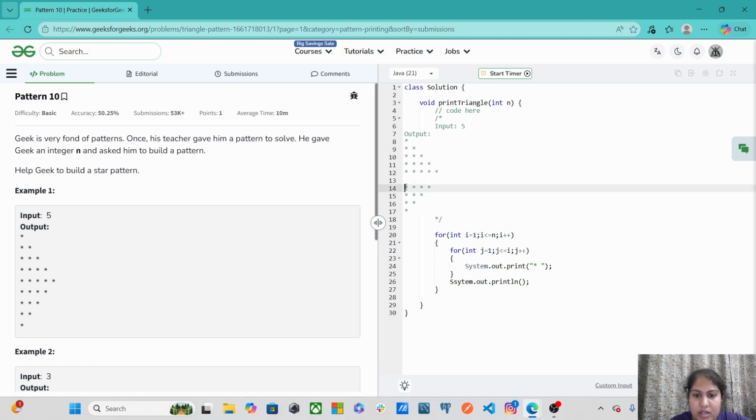For the lower inverted left angle triangle, what do I have to do? Again, I have to use nested loops, and I have to start in reverse order. So here it would be starting from n minus 1.